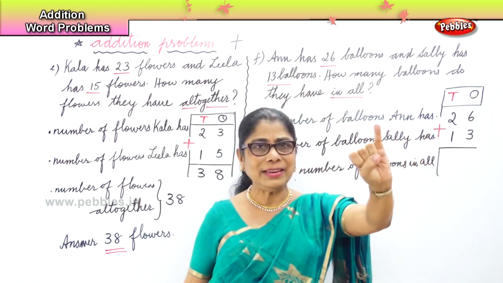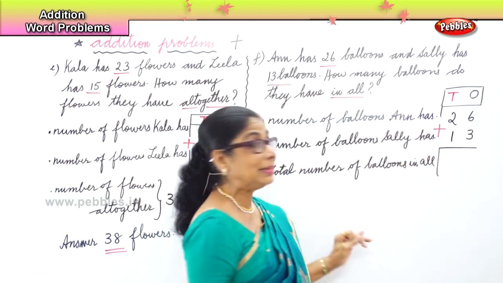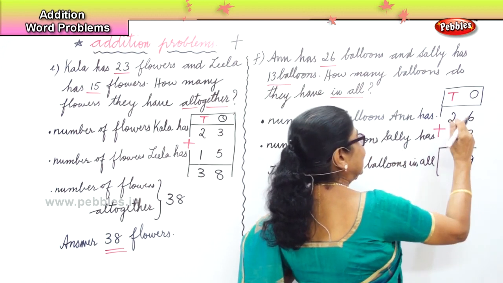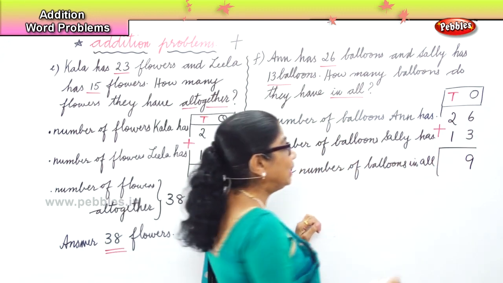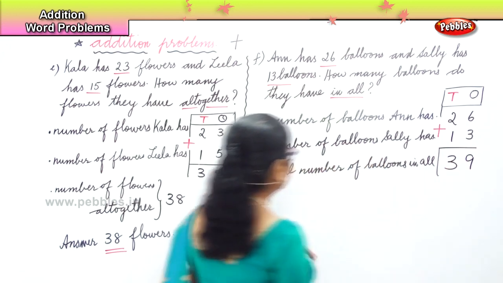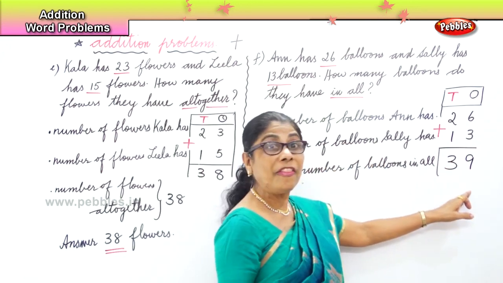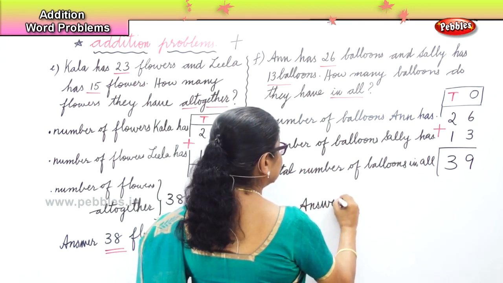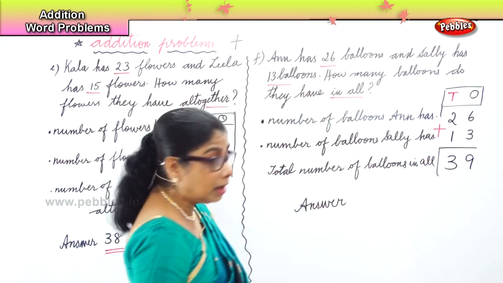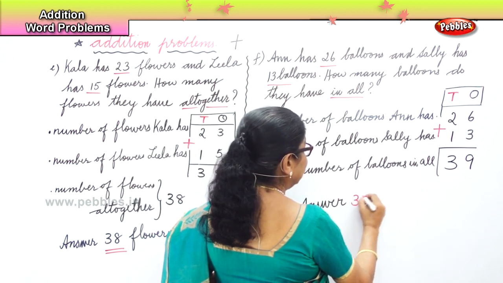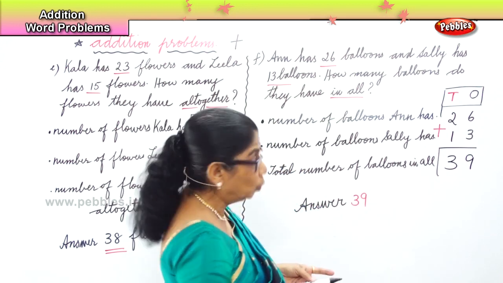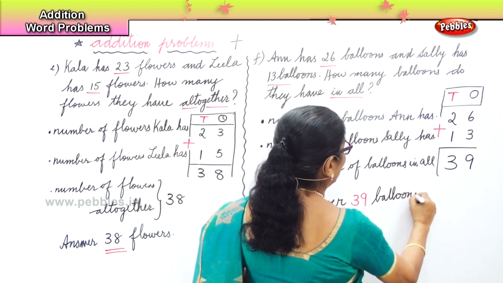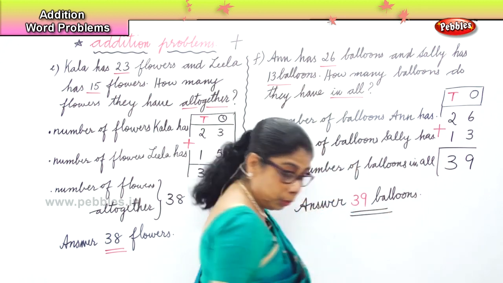After 6, 7, 8, 9. 6 ones plus 3 ones, 9 ones. 2 tens plus 1 ten, 3 tens. Okay, so what is the total number of balloons in all? 39. What is the answer? Answer: 39 balloons in all.